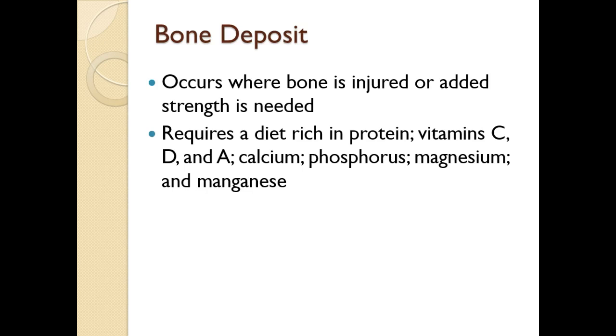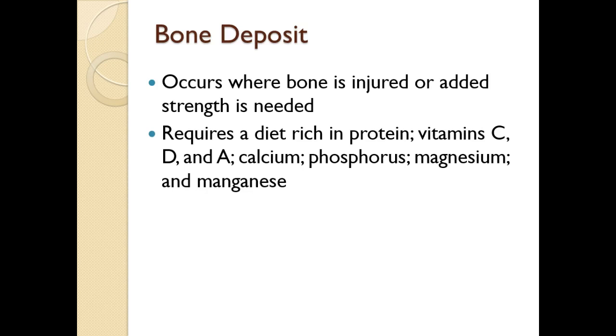Bone deposition occurs wherever bones are injured or added strength is needed. So the more stress you put on bones when you're young, the more bones grow, the more they thicken. That doesn't mean in length, but they thicken. This is one reason why it's important to exercise while we're young, because as we get older, our bones break down faster than they build up.